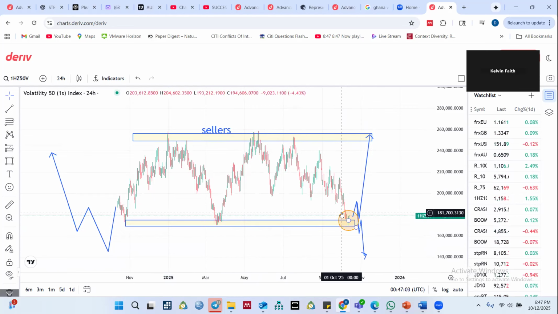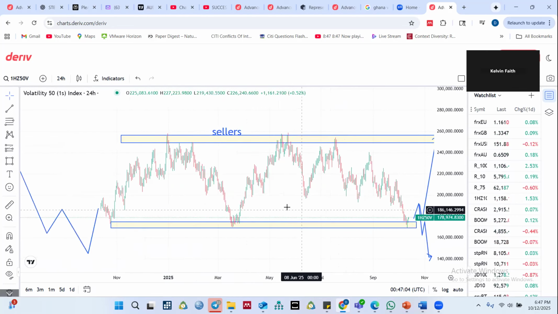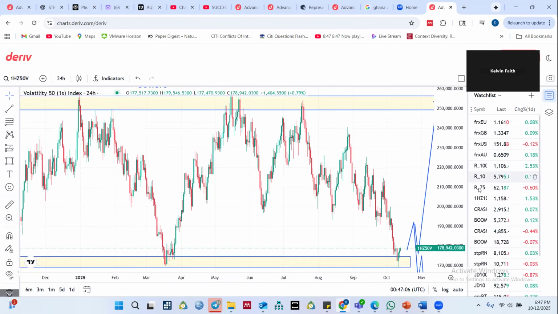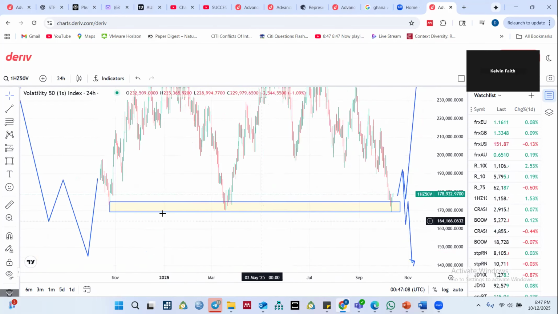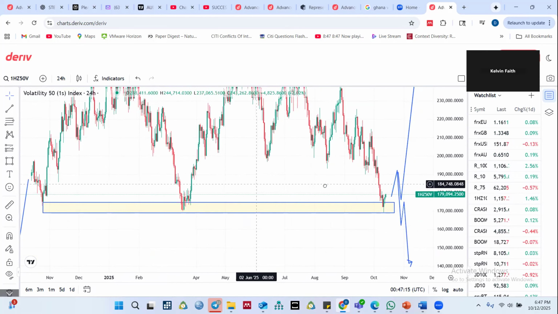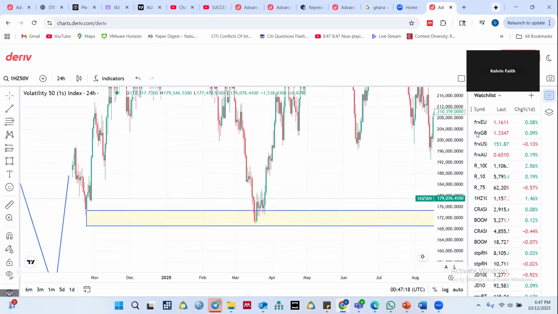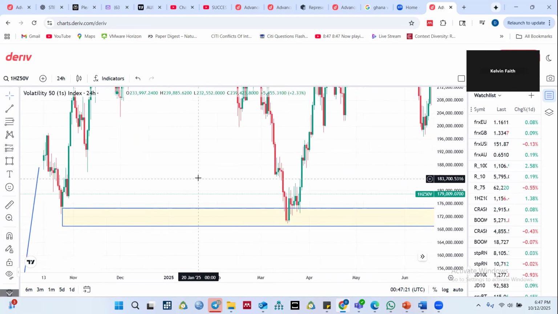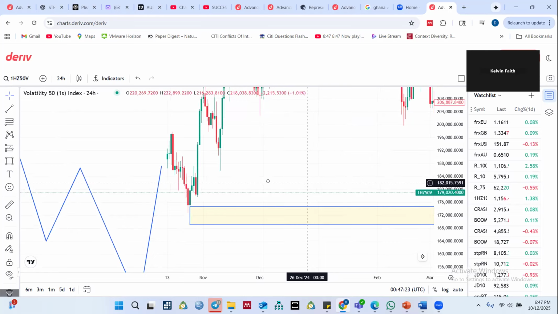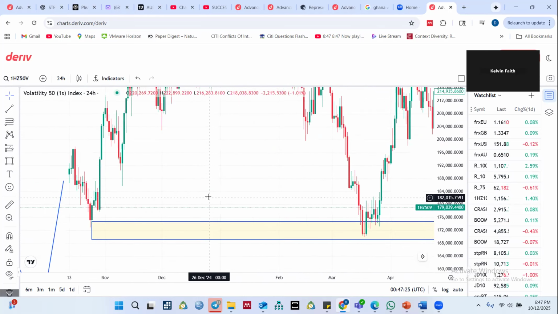So the point here is that this support looks more like a range, a zone range. So it's kind of wide, and therefore it will be okay to refine it so that we can be a little bit precise.